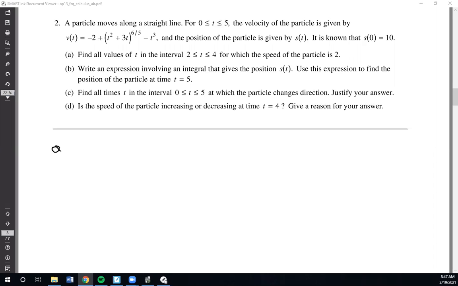So part A says find all values for which the speed of the particle is 2. So we need to make sure that we have an equation, an expression. Well, speed is absolute value of velocity.